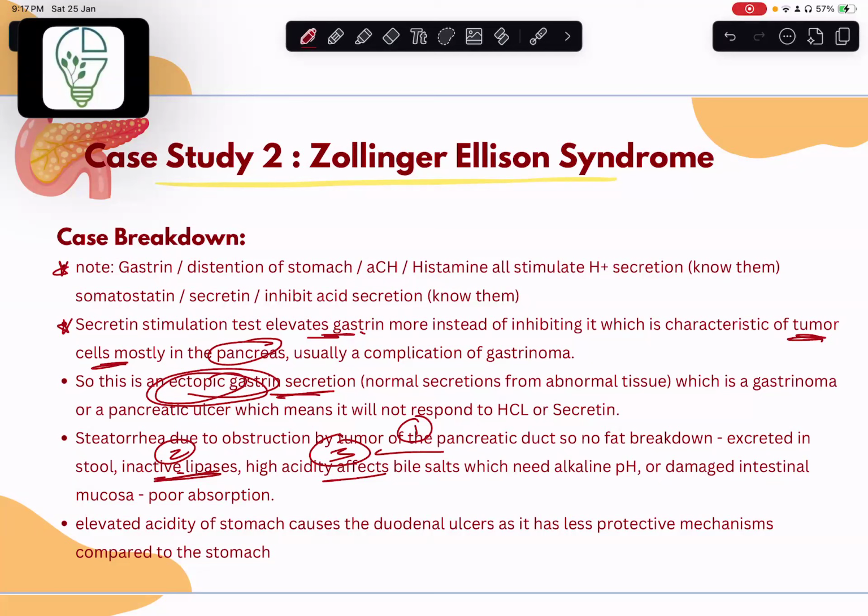The duodenum has fewer protective mechanisms, which means it cannot tolerate acidity as much as the stomach. This causes ulcerations and damage, and causes duodenal ulcers at the end.